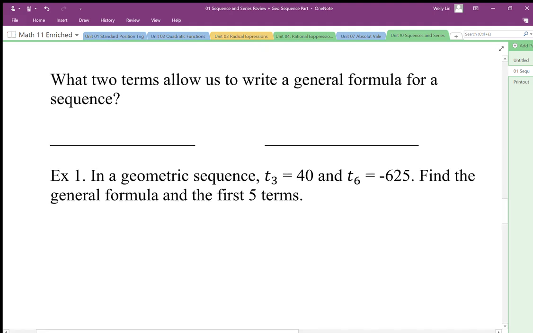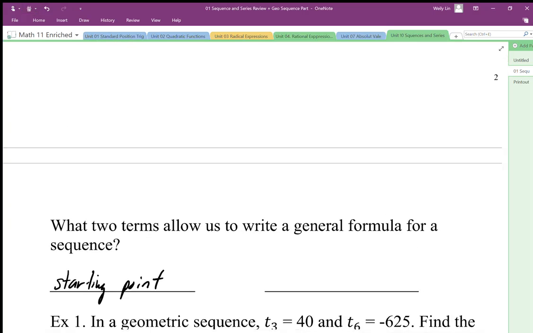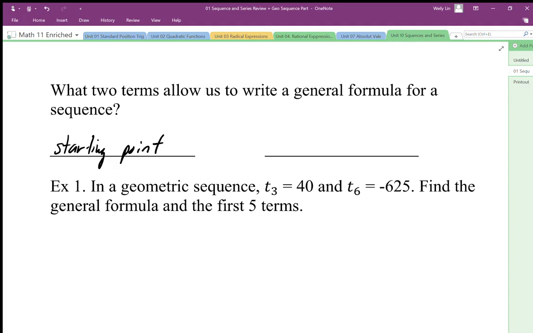So basically two things allow us to write a general formula for a sequence. For any sequence, we need some starting point, which we call A. The A term is our T1. And we need to know how it progresses.